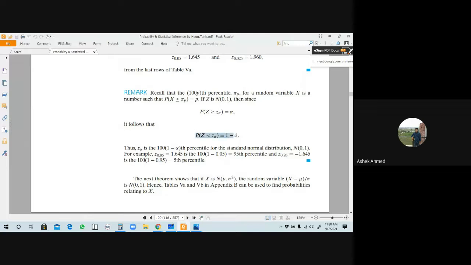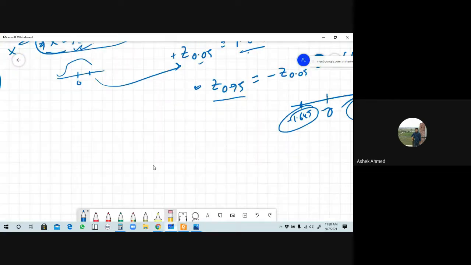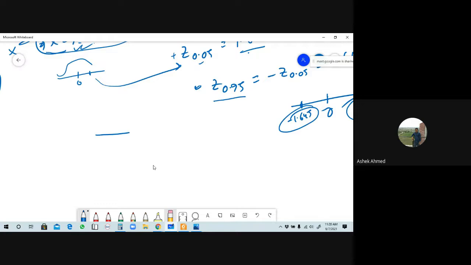Let me say this, because you may have some confusion. If we draw a real line, if this is z of alpha, okay, in that case this represents Z less than or equal to z of alpha, and this inequality will be Z greater than z of alpha.